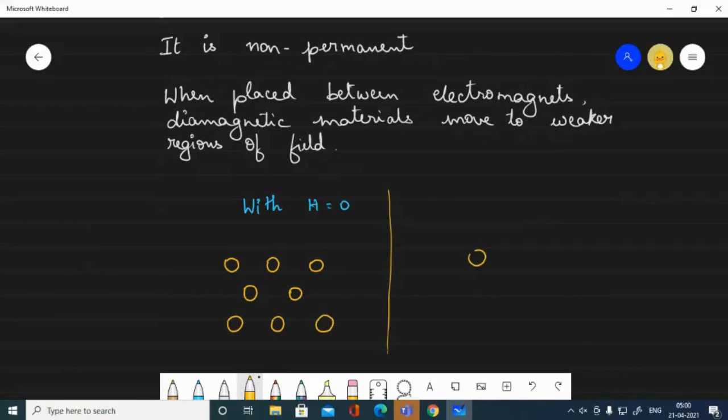Whereas when an external field is applied, the H field, the external field is applied in this direction, dipoles are induced and aligned opposite to the direction of the field.